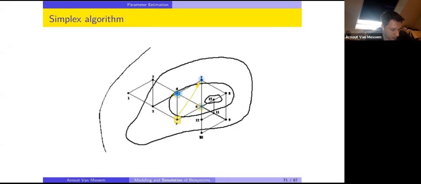And then again, in this step, what you see is that point number 7 is the one which has the highest value for your function, because this one is outside of the, well, it's not really an ellipse which is drawn, but this one has the highest value. No, sorry, you're right. Apparently the reflection is taken with 4, so it's indeed a bit strange.